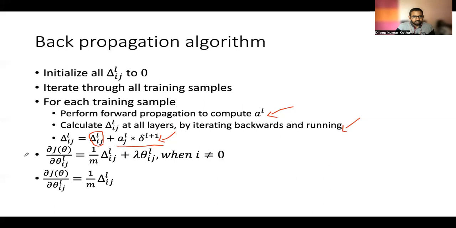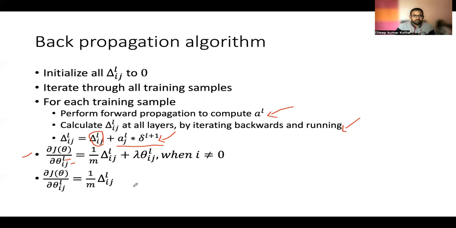And dJ by d theta for the particular layer and particular theta is 1 by m times delta of l_ij plus lambda multiplied by theta of l_ij. This is if we have regularization, when j not equal to 0.